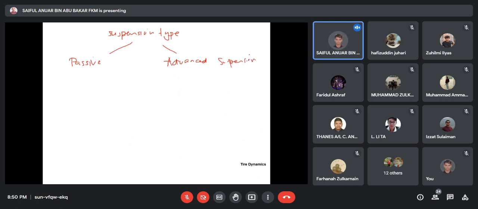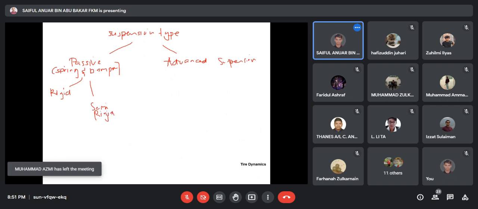For the passive suspension system, mainly we have the spring and damper as the main elements. And this passive suspension, like we just learned, can be further divided into three types: the rigid, the semi-rigid, and then the independent suspension.